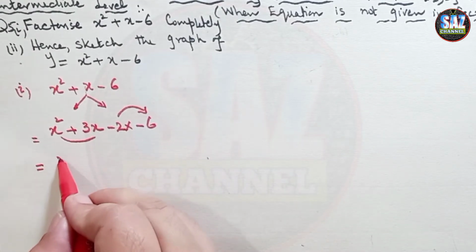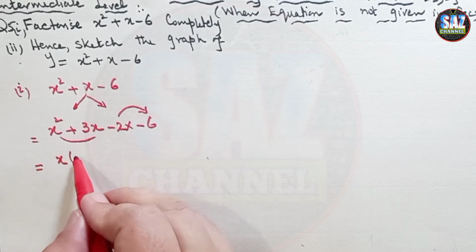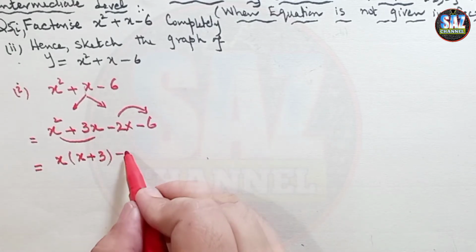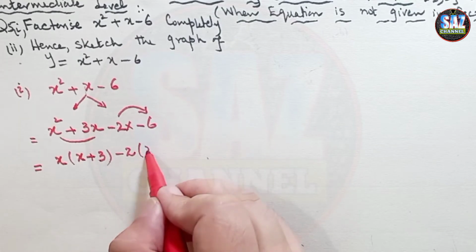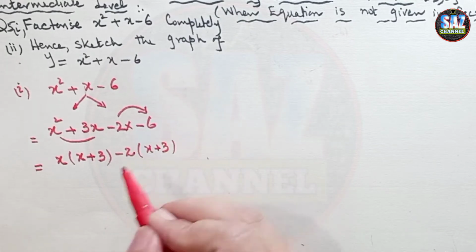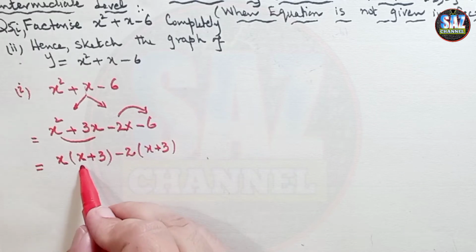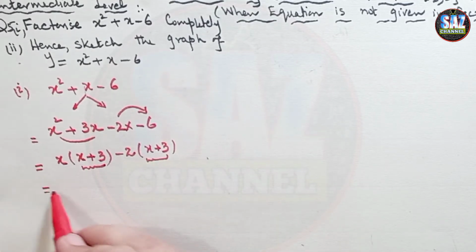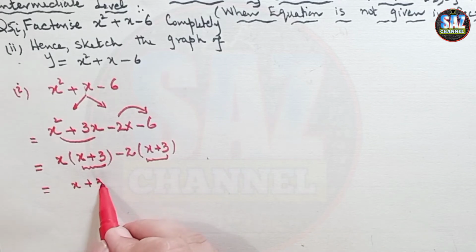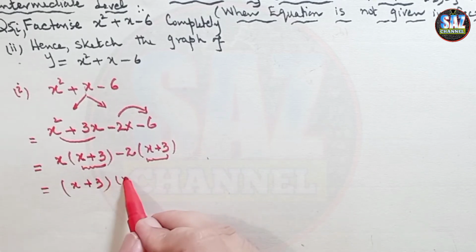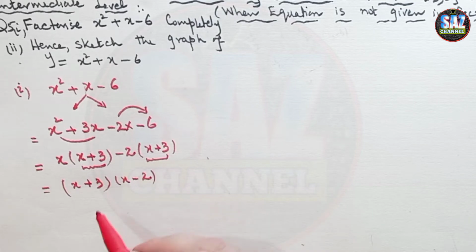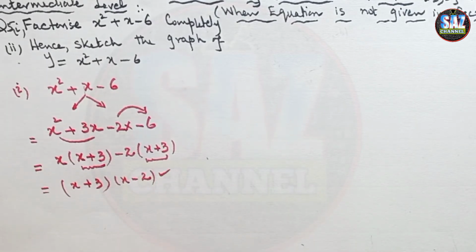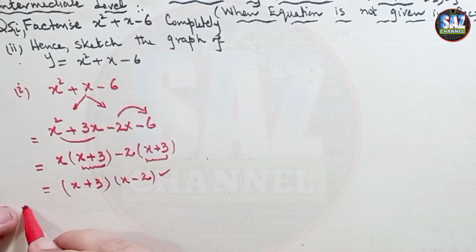Okay, now pull out common factor. X is a common factor and I will have x plus 3, and from the second group I will have minus 2 as a common factor and x plus 3. Now what we can see, that this is the common group, pull it out, x plus 3 and x minus 2. So the first part is done, that we have factorized this expression completely.